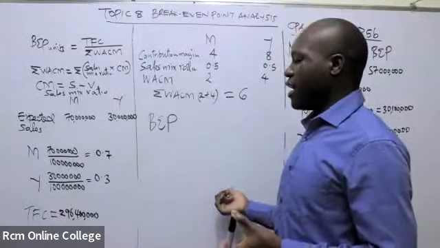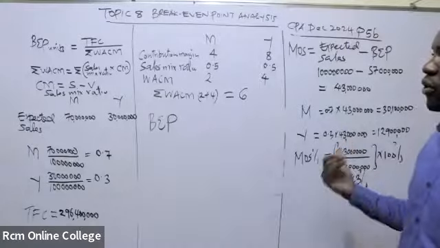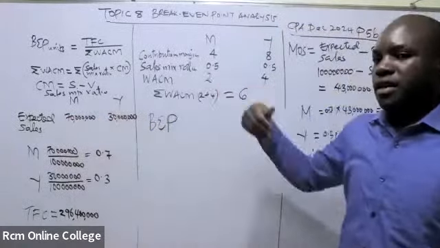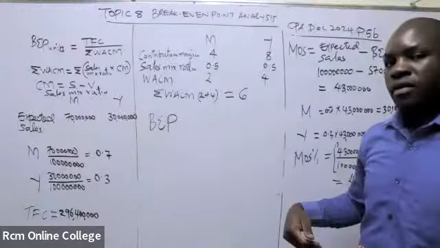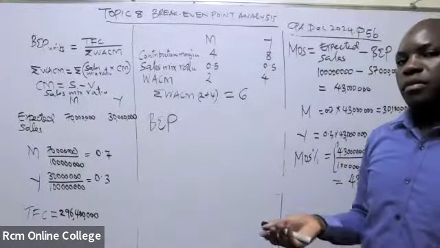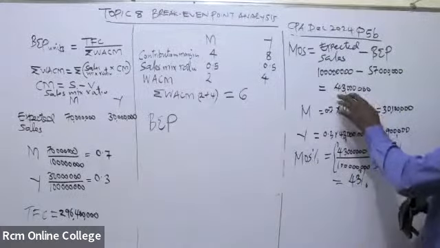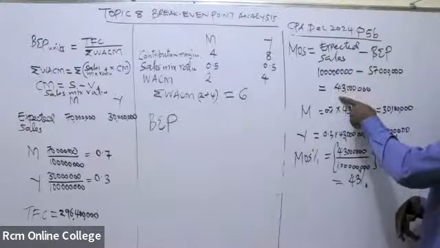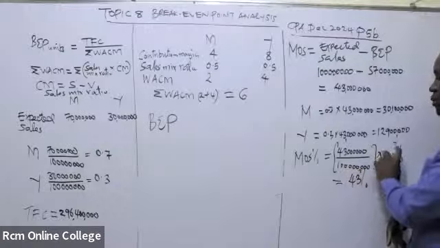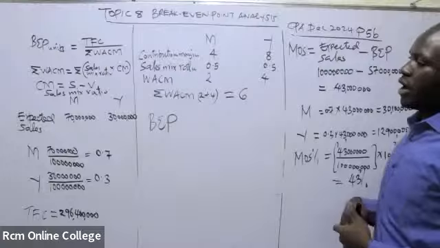Alternatively, once you have the break-even point for each product, you take expected sales for individual product minus its break-even point so that you get margin of safety. To get the margin of safety expressed as a percentage, we take the margin of safety in units, divide by the total expected sales, multiply by 100, which gives us the figure in percentage.